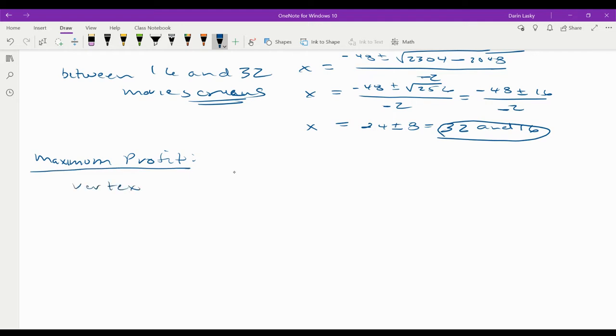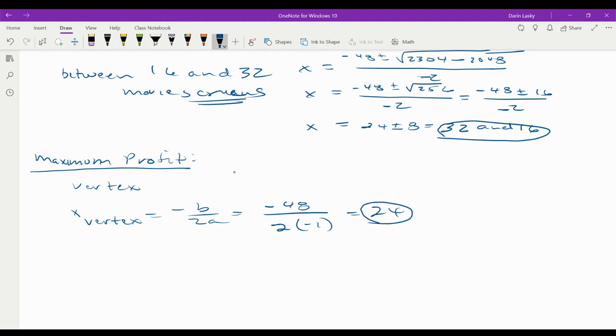And remember, to find the x value of the vertex, you're going to do negative b over 2a. Well, negative b is negative 48 all over negative 2 times negative 1, which is going to be 24.